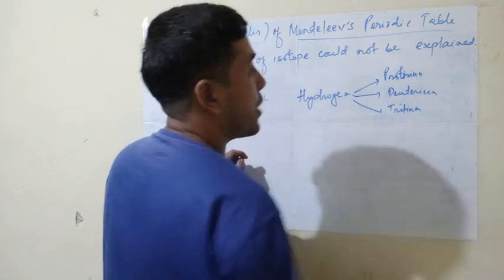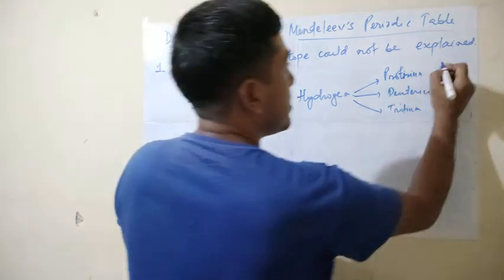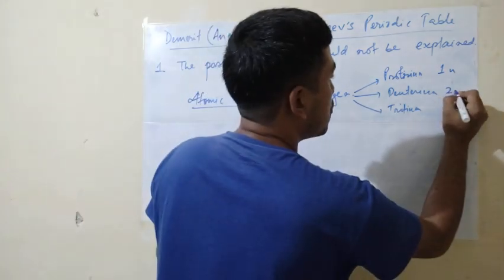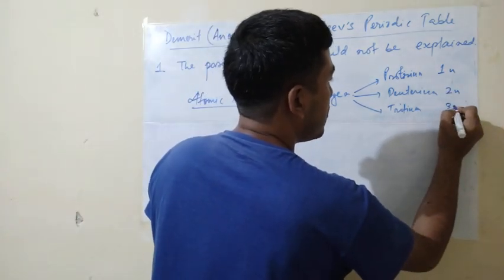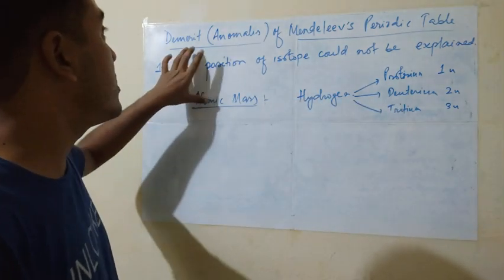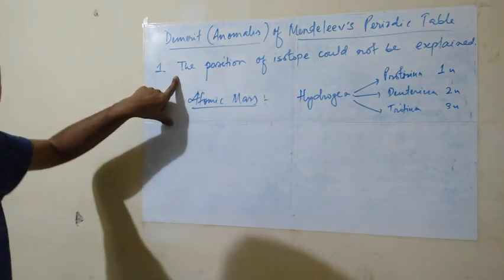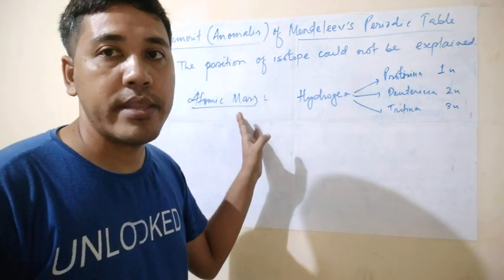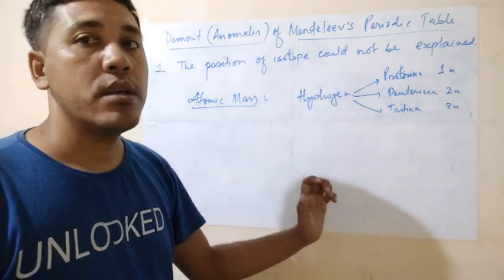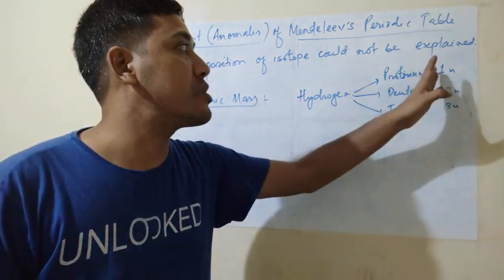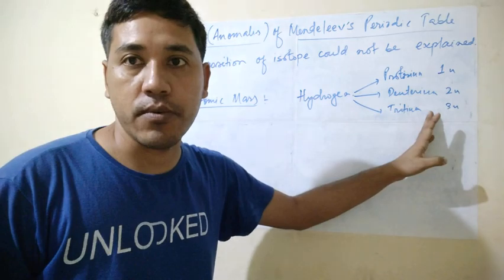The atomic mass of protium is 1 unit, deuterium is 2 units, and tritium is 3 units. But his periodic table is based on the atomic mass, so he should keep the position of the isotopes, right?